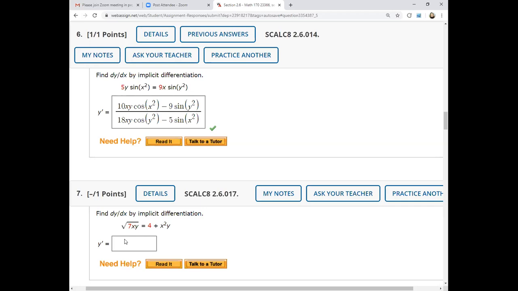I'm going to factor out a dy dx on the left. That gives me 7x times 7xy to the negative half minus 2x squared, equals 4xy minus 7y times 7xy to the negative half power.